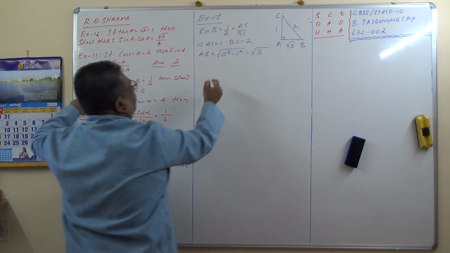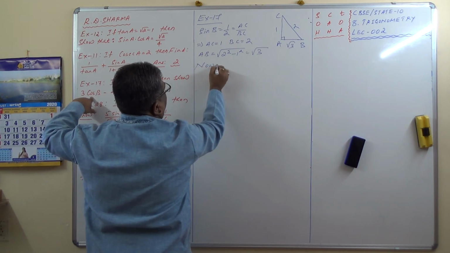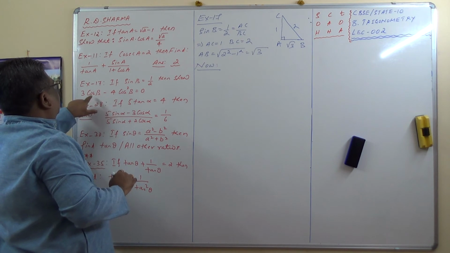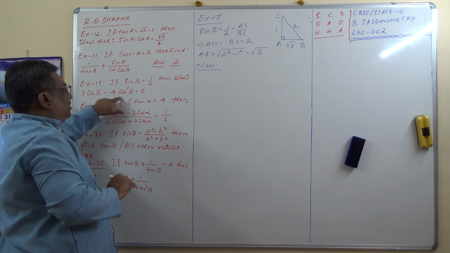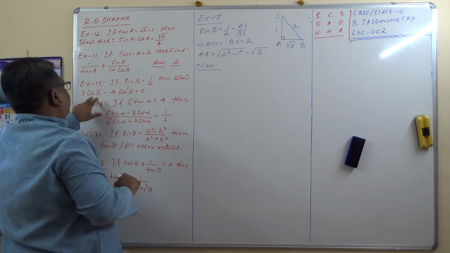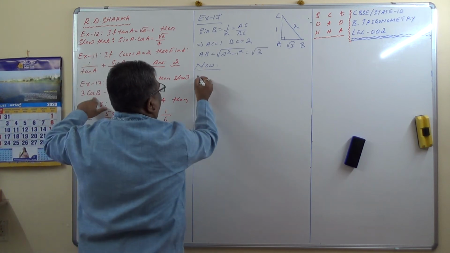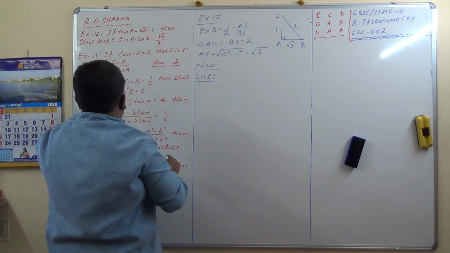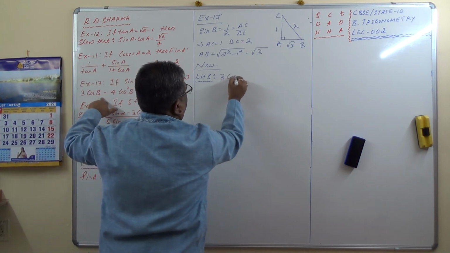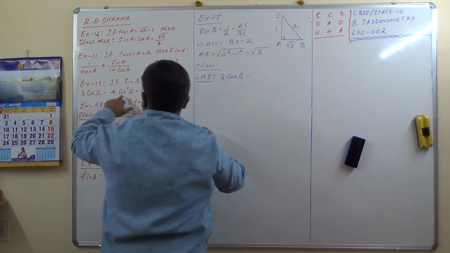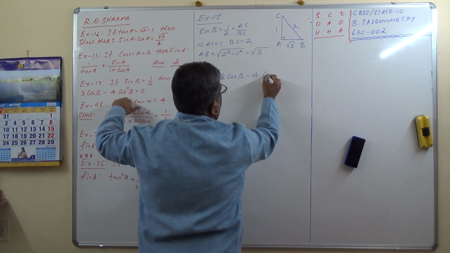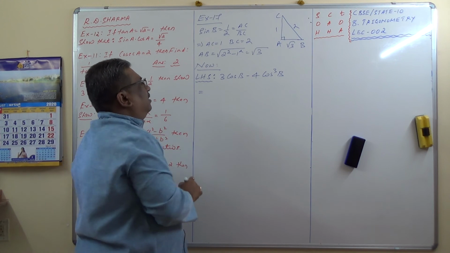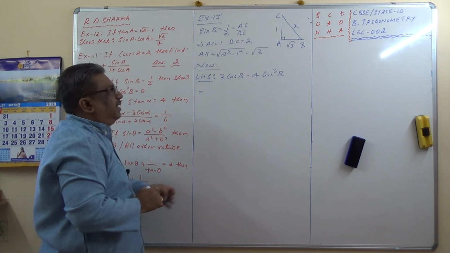3 cos B minus 4 cos cube B. To show that 3 cos B minus 4 cos cube B equals 0, first I will take LHS. Now LHS: 3 cos B minus 4 cos cube B equals, here we are getting a cos cube.